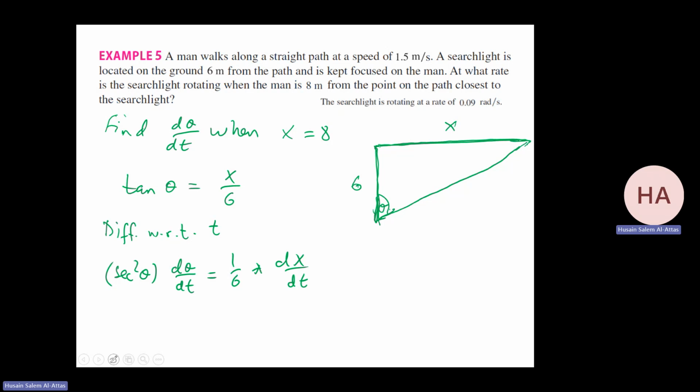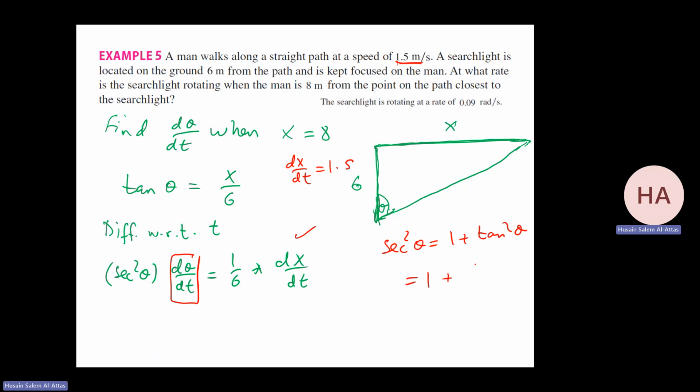What is given, what is unknown? This is given: dx by dt equals 1.5. This is what I'm looking for. I don't know theta, but I can use the same trick, that secant squared theta equals 1 plus tan squared theta.